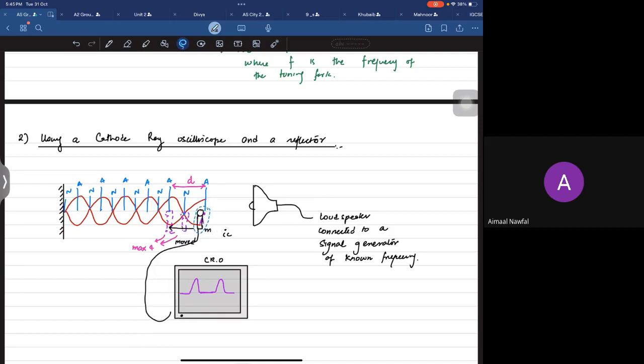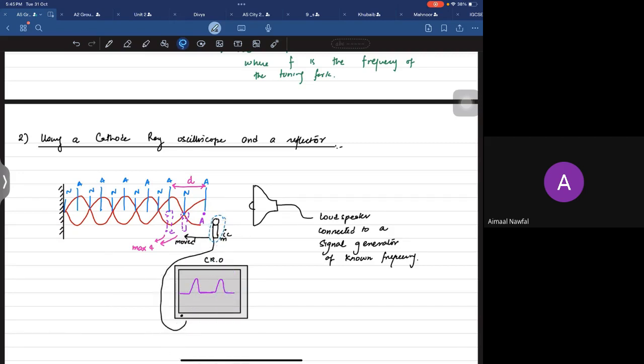Yes. If I put it here, on the node, because I'm moving it this way, I will see no reading, because there's no energy. But if I keep on moving, when the next antinode comes, I move the distance d, and I'll see another maximum reading. Do you get it?